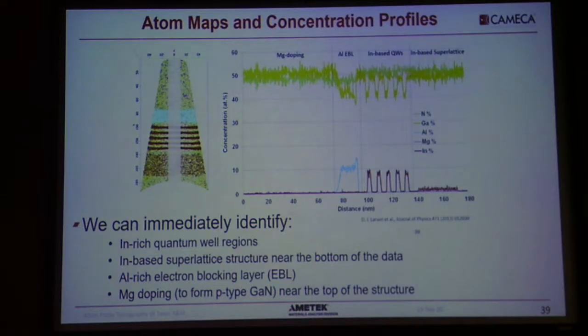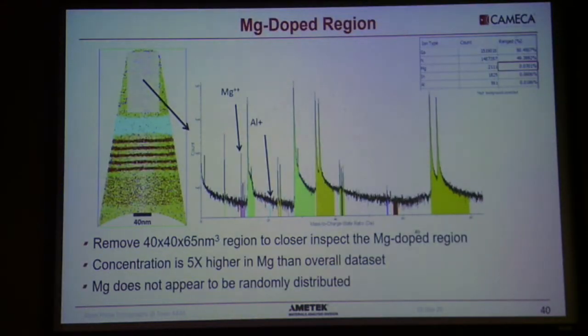Okay. So we could focus, and unfortunately we don't have time to show everything. So we could focus on each of these different parts, but we're going to just focus here on the magnesium doped region.